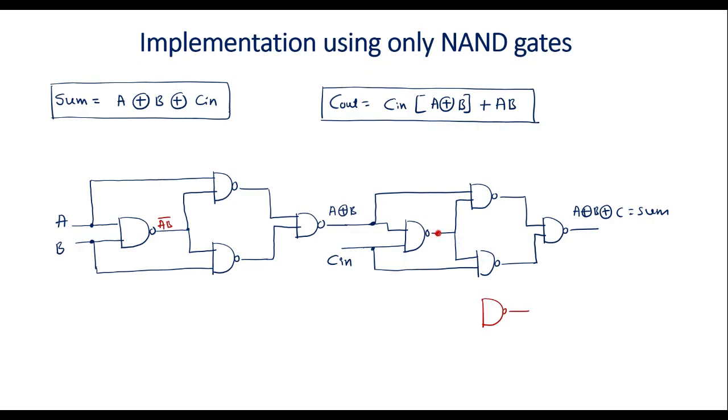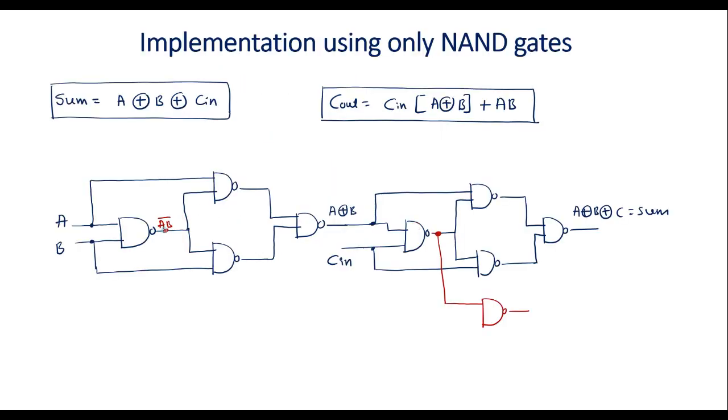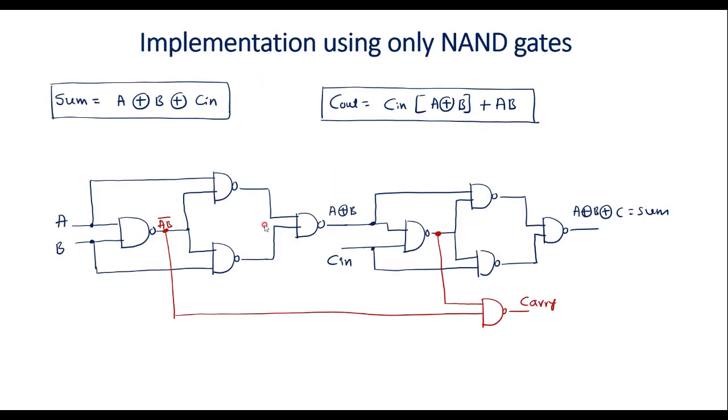One input for this is from here, which is this entire term, and the other input is AB bar, which I take from here and connect to here. The output of this will be the carry, which is nothing but Cout. You can call it carry or Cout. So this is how we can implement the full adder using only NAND gates. Thank you for watching.